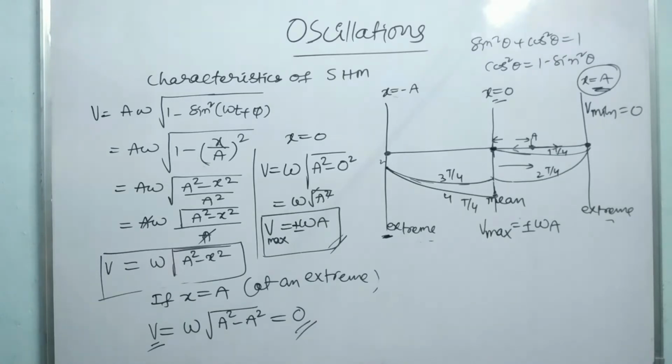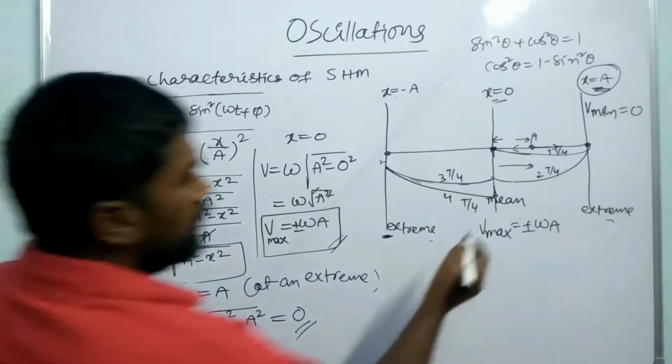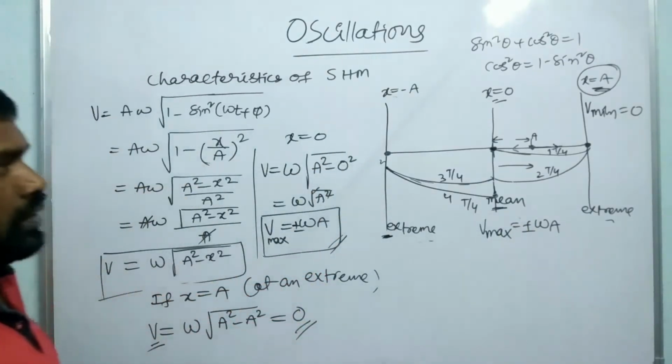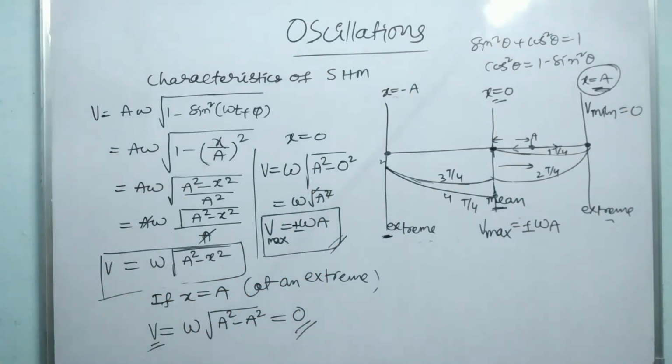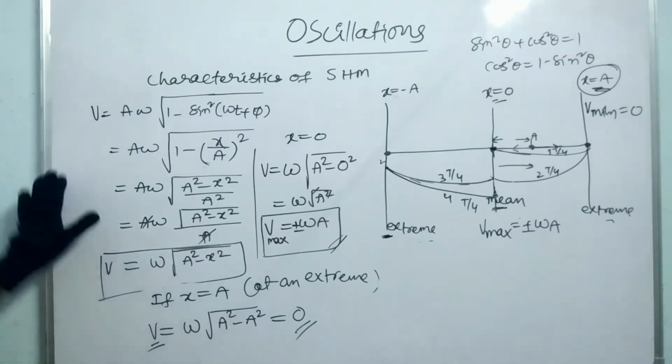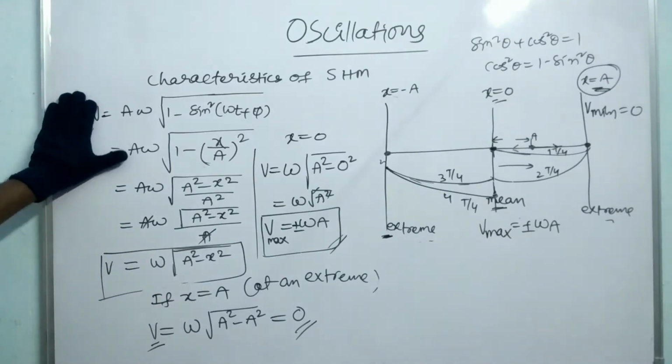That is the final point also. Mean position is the equilibrium position here. So at the equilibrium position, the net force is equal to 0. Okay, that is how we can find the velocity. Clear? Right. Now we have to find the acceleration.